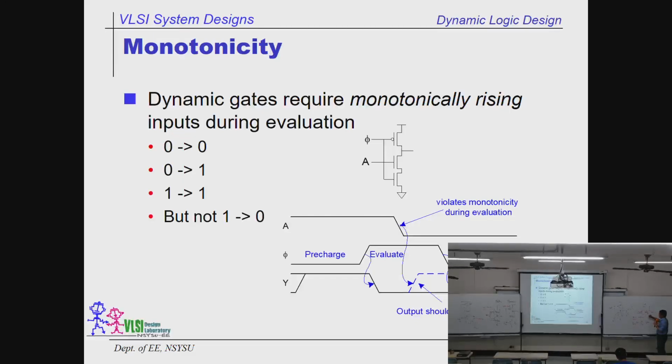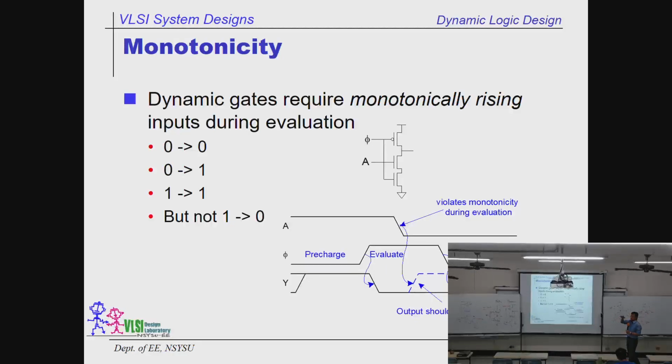There is a hazard that the G over here could pull down and turn on a certain N transistor in the N block in the second stage, so that the output over here will not be as high as we expect. It's called the partial discharge hazard. Now, I'm telling you why this happened. There is a feature in dynamic logic called monotonicity.